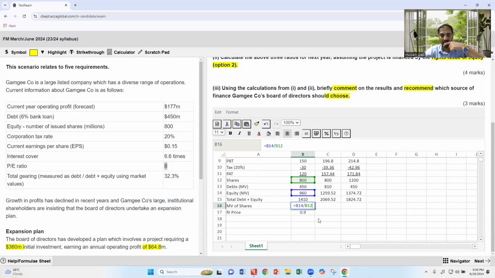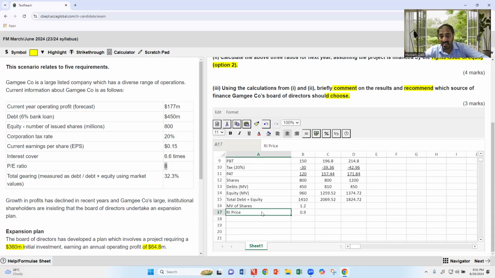Market value of shares. How to calculate per share value? That's 960 equity value divided by 800 shares. That is 1.2. So you have to connect with the cell.